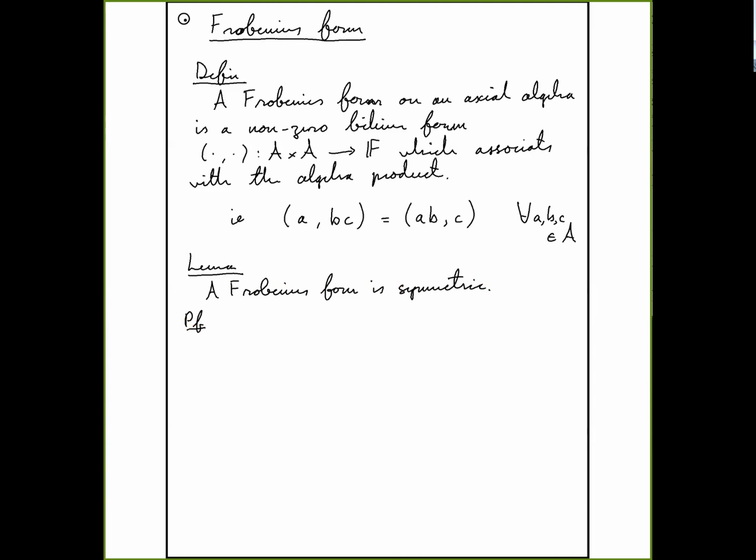Axial algebras are defined as being spanned by products of axes. So everything in an axial algebra can be written as the sum of products of axes. So in order to prove such a result on the Frobenius form, we just need to consider a basis. Let's take the basis of products.